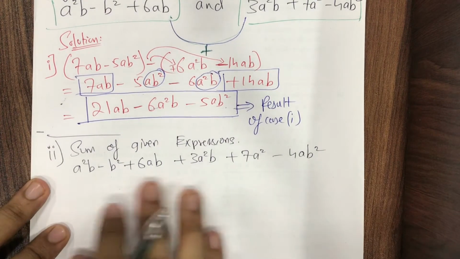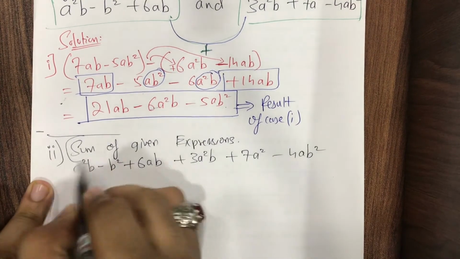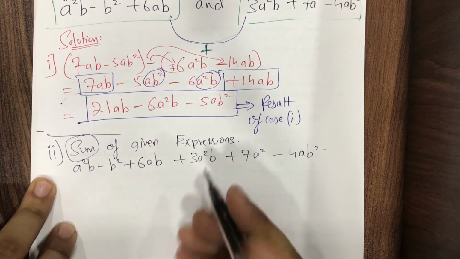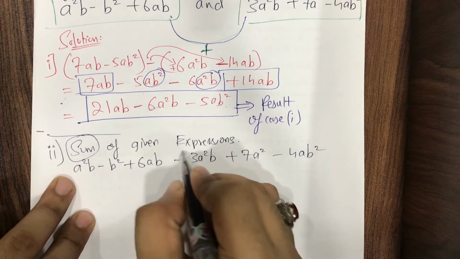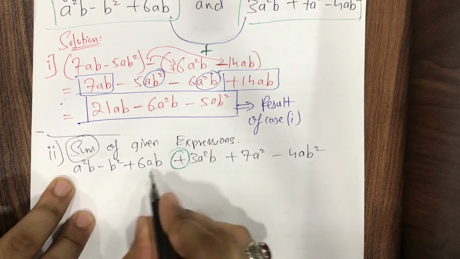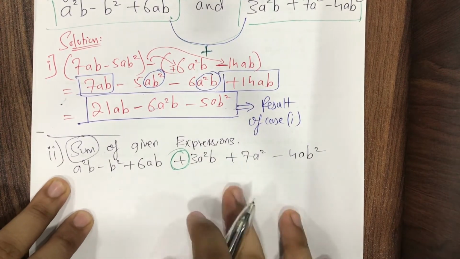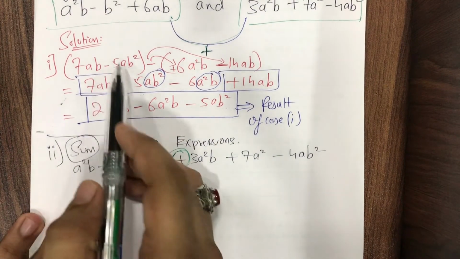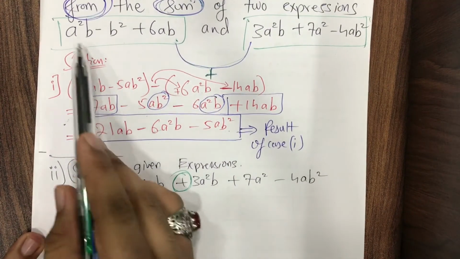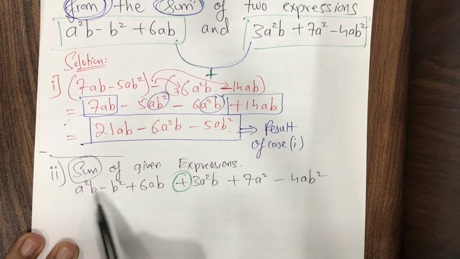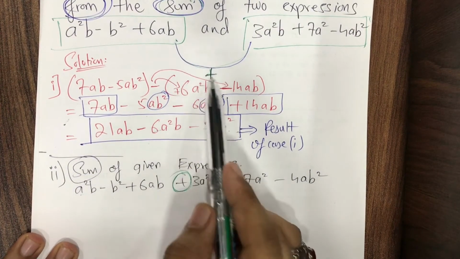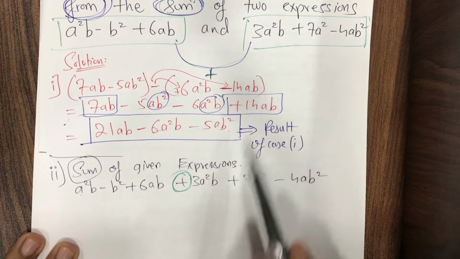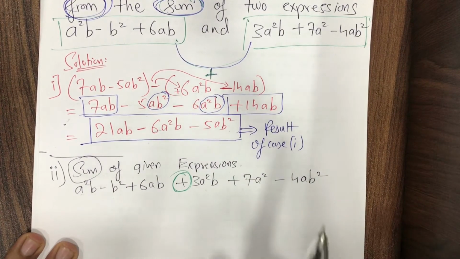Deliberately I have not put any bracket because we are doing the summation. So because of the summation I had put this plus over here, and plus doesn't change any sign. So why unnecessarily increase the steps? A square b minus b square plus 6ab plus, this plus here, 3a square b plus 7a square minus 4ab square.